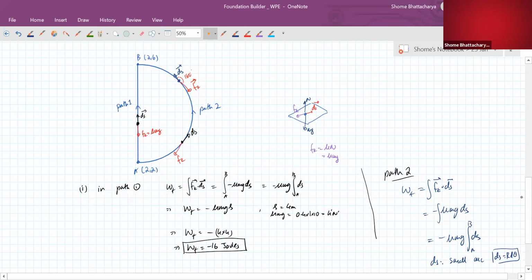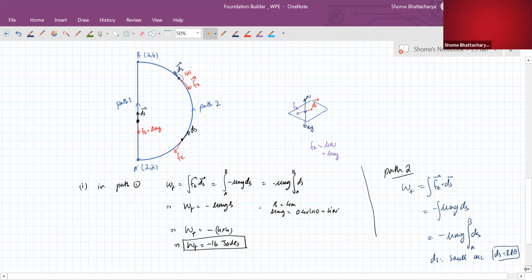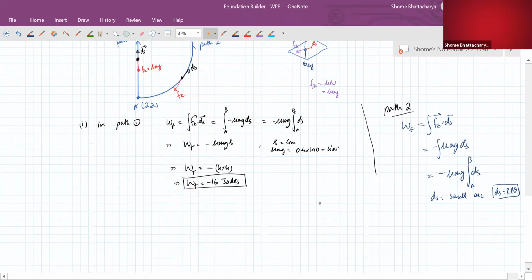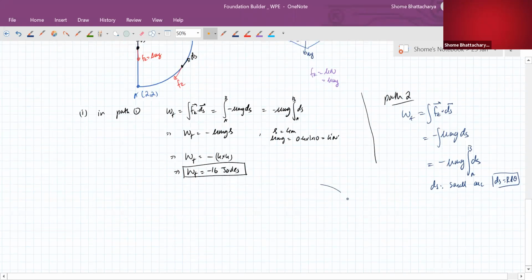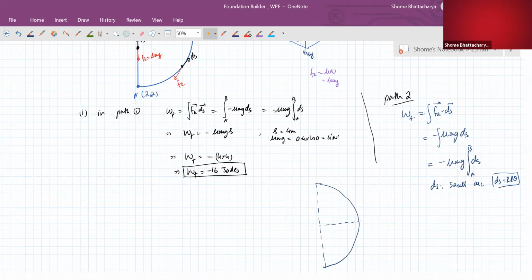Okay, so ds is like this along this semicircular arc. So if you see this ds, that ds is equal to r d theta.